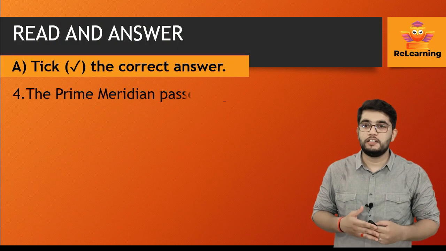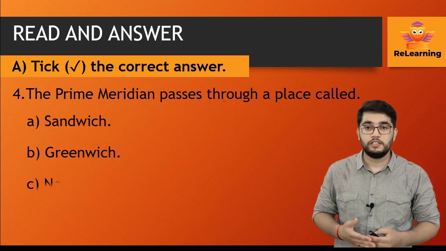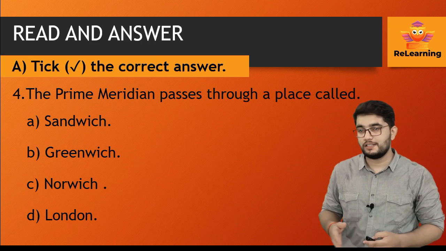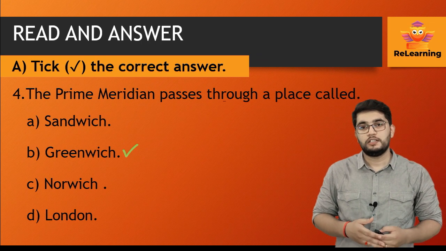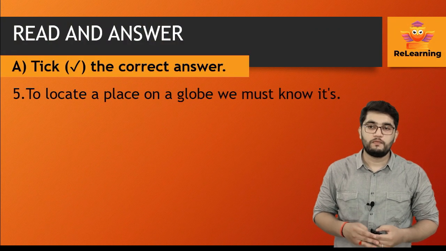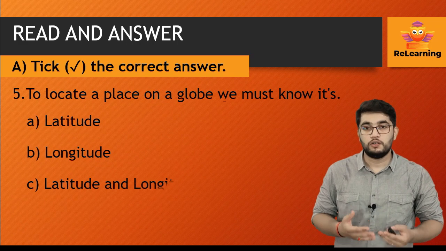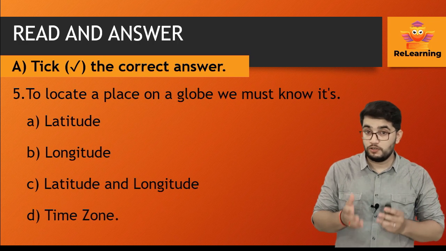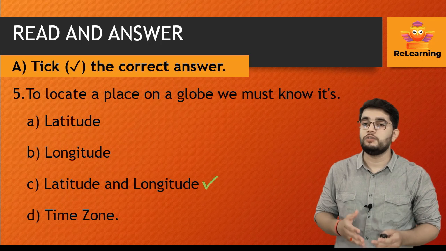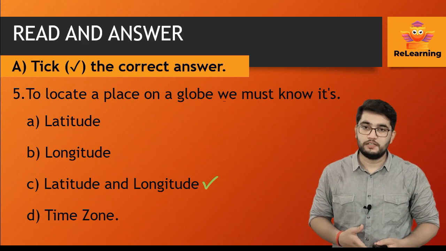The prime meridian passes through a place called, options are Sandwich, Greenwich, Norwich or London. So the correct answer is Greenwich. Let's see the next one. To locate a place on a globe, we must know its, options are latitude, longitude, latitude and longitude or time zone. So the correct answer is latitude and longitude, also called parallels and meridians.